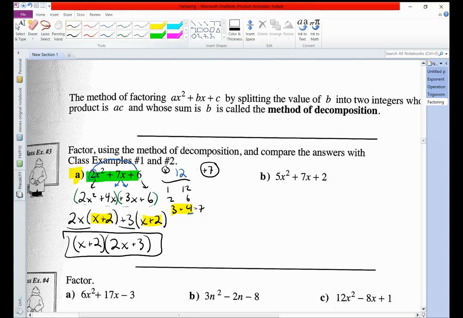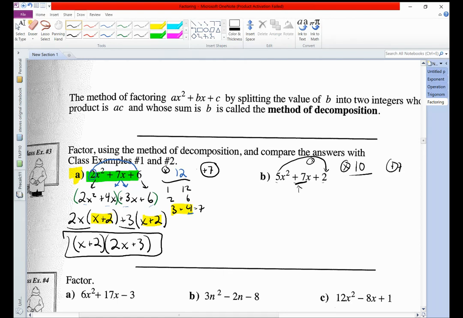Let's try that again. First, we're going to check, can I factor a 5 out of here? No, I can't. So what I'm going to do is take this 5, multiply it by the last number, and I get 10. So I'm looking for two numbers that multiply to 10 and add to positive 7, because that is the middle term there.